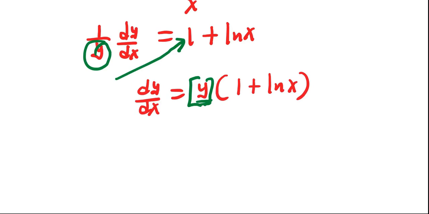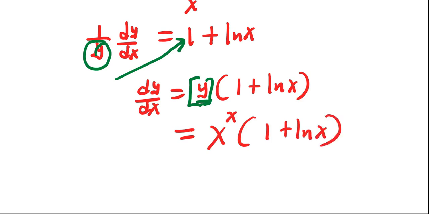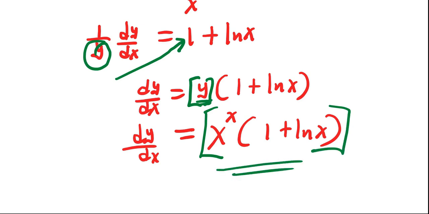So this will now become x to the power of x, open bracket, 1 plus ln x. So dy/dx is simply this. So this is the answer to this question, and I hope it makes some sense.